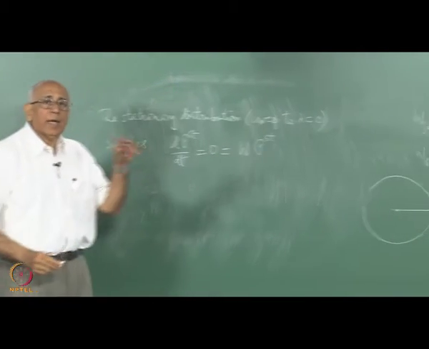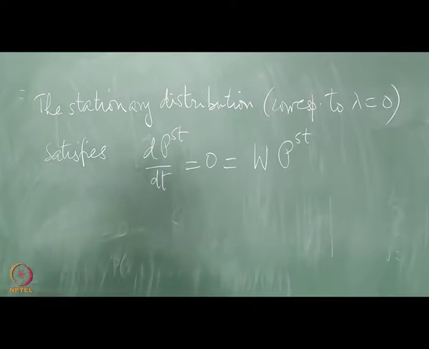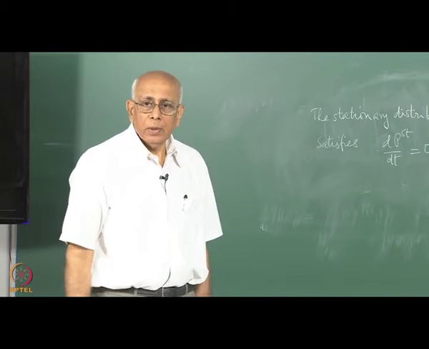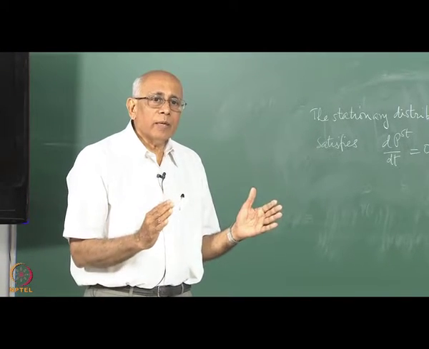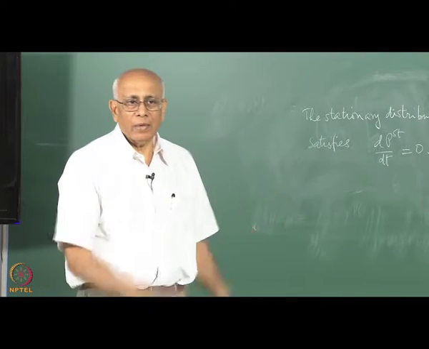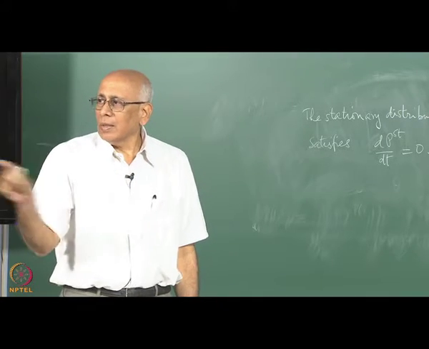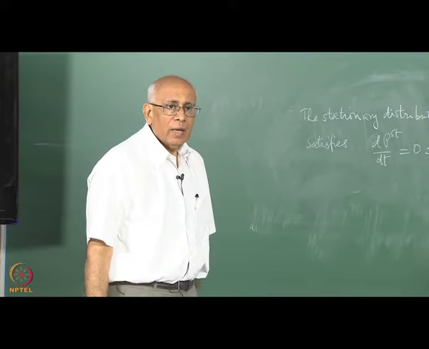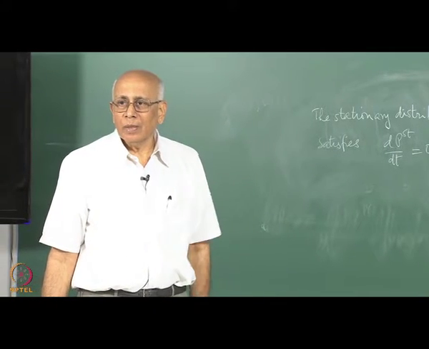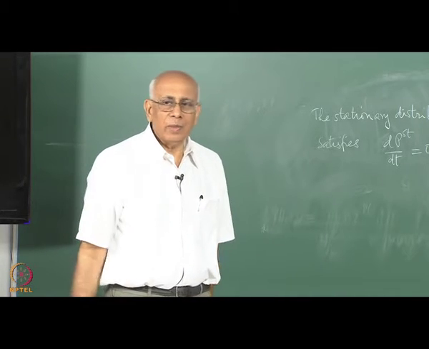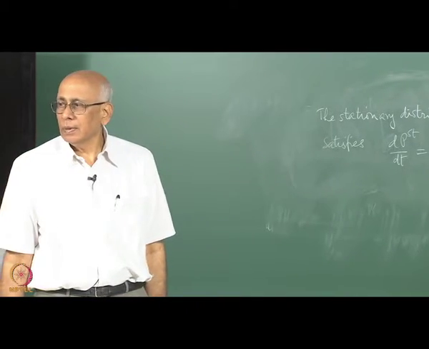So it is the right eigenvector corresponding to the 0 eigenvalue of W. Since each column of W adds up to 0, it is immediately clear that the uniform row vector 1 1 1 1 1 etc. is an eigenvector, a left eigenvector. But this is not a symmetric matrix, so the left and right eigenvectors need not be the same in general, and the right eigenvector is indeed the equilibrium distribution, the stationary distribution. Okay, is that clear?